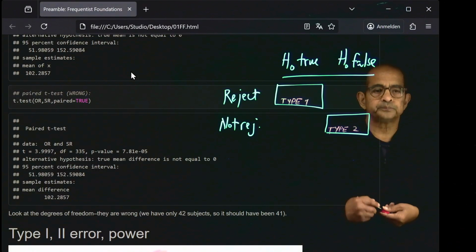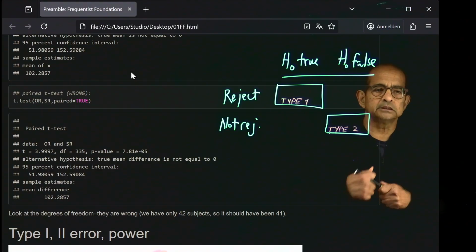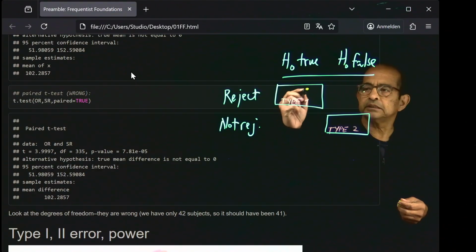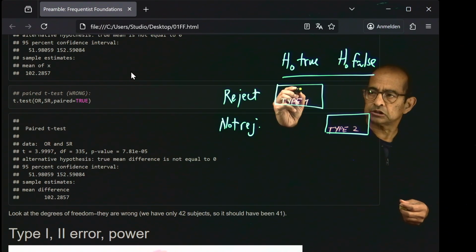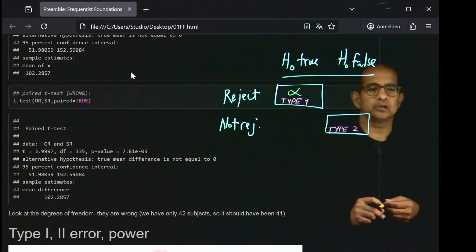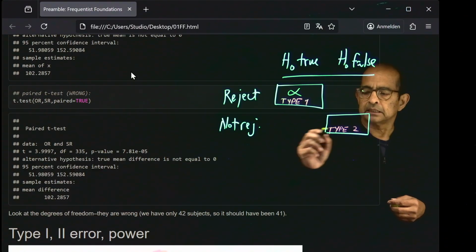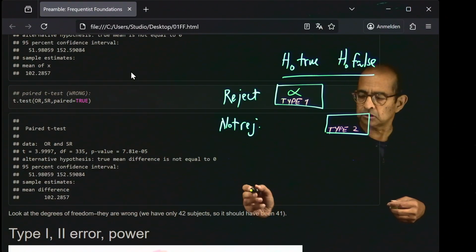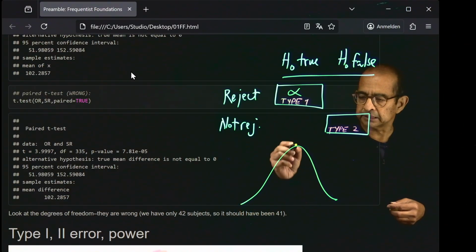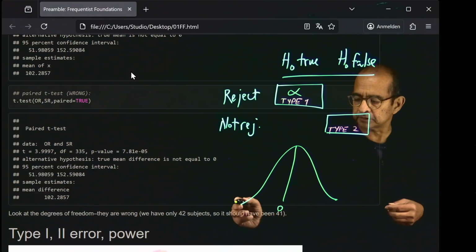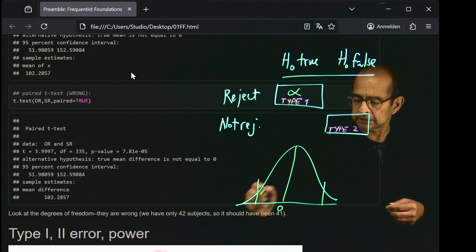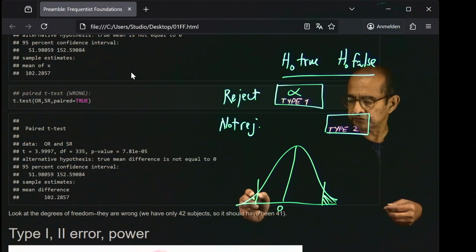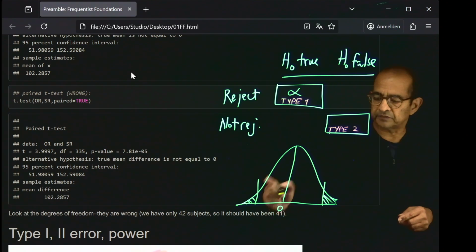Type 1 error can be graphically visualized quite easily by looking at the figure that I just showed you, and I'll just draw it again. So type 1 error is represented by a probability value called alpha, and it looks like this. Let's draw the null hypothesis distribution again, centered on 0 in my running example, and we define our rejection points, if you remember, such that the area under the curve to the left and right of these rejection points sums up to 0.05.